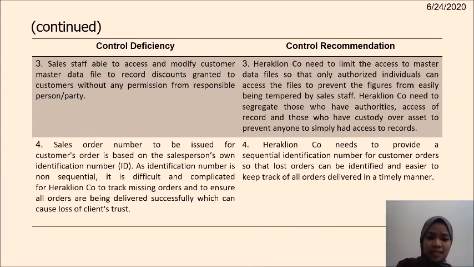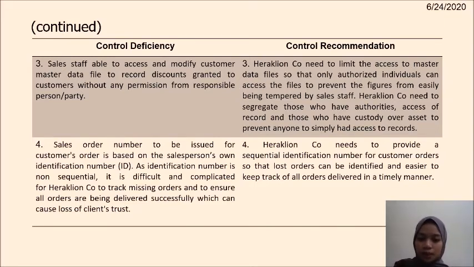The last one is that the sales order number issued for a customer's order is based on the salesperson's own identification number, ID. As the identification number is non-sequential, it is difficult and complicated for Heraklion company to track missing orders and to ensure all orders are being delivered successfully, which can cause loss of clients' trust.